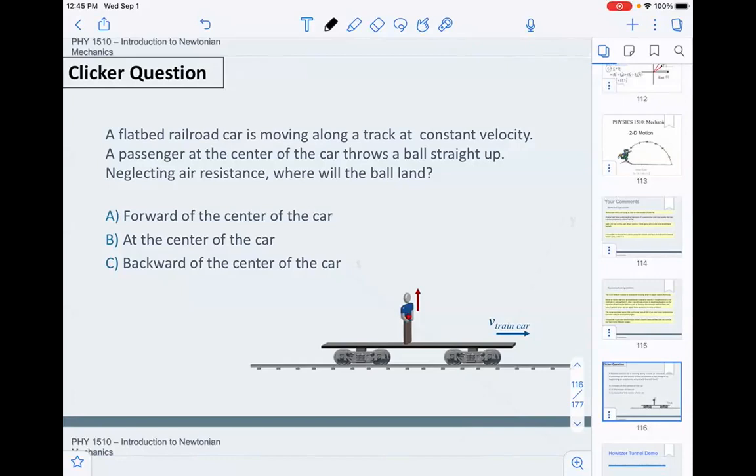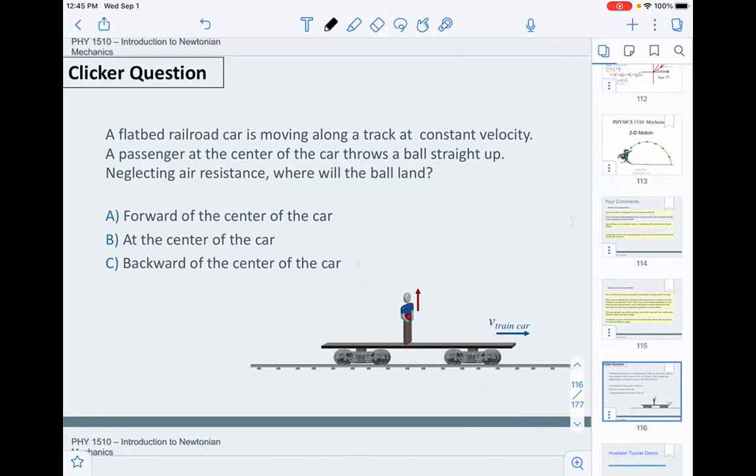So going back to this question, where would the ball land? Here, you are at the center of the car. If you think you'll catch the ball, would the ball always go back to the center of the car? Yes, it would.